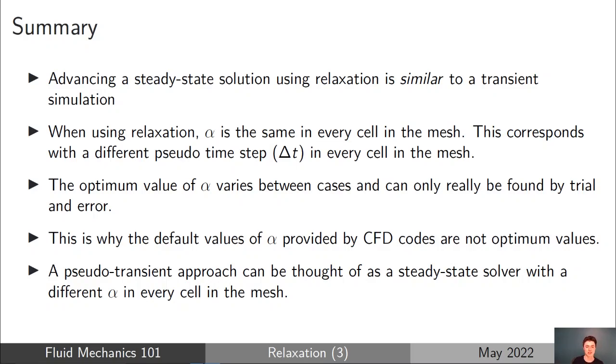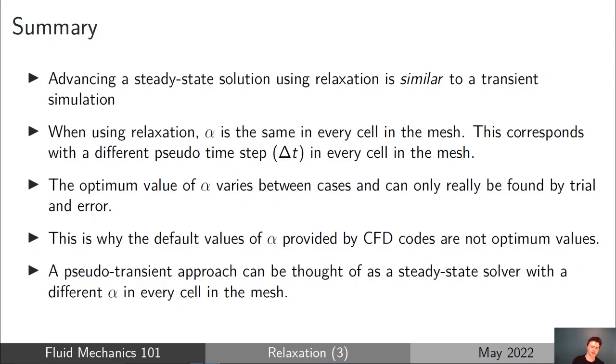And this also explains why the optimum value of alpha varies on a case-by-case basis, and the values of alpha that are provided as default by CFD codes are often a compromise that work reasonably well for a wide variety of cases, but aren't guaranteed to be an optimum for whatever case we happen to run.